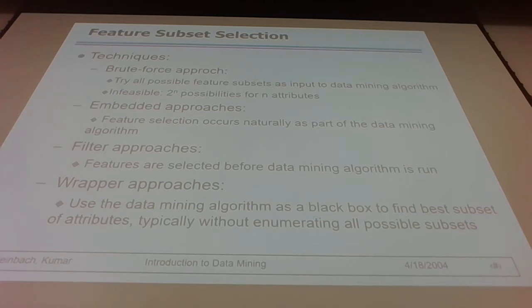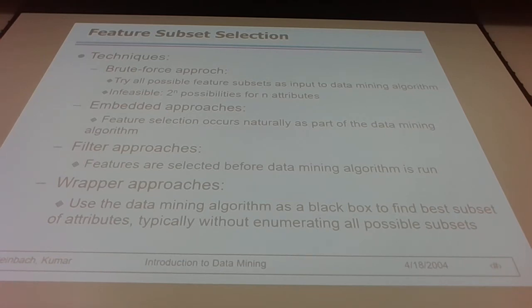And wrapper approaches, which means you use the data mining algorithm as a black box to find an attribute subset, which means that you don't have any idea of what features are important. You give all of the features to the data mining algorithm. Then you remove one and see what is the change in accuracy, or the change in performance, or what is the output.